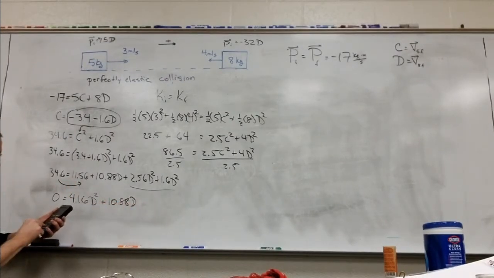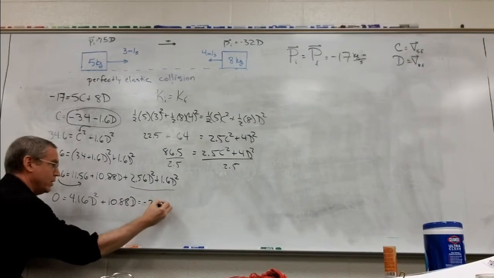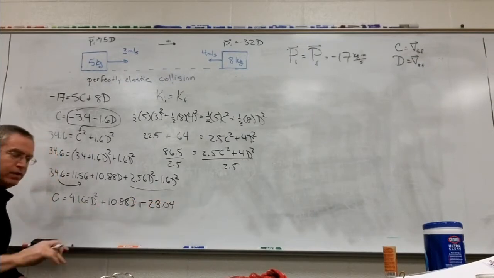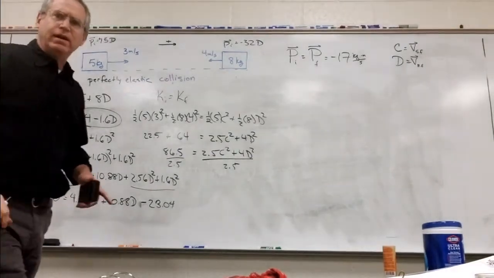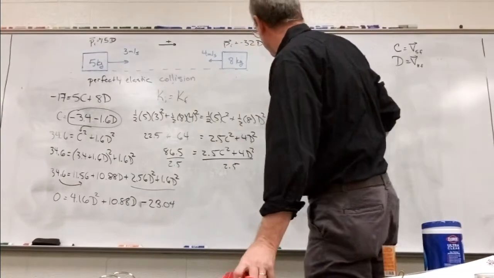So 11.56 minus 34.6 is minus 23.04, and that whole thing equals 0. Again, it's a quadratic equation. In order to use the quadratic formula, I set it equal to 0.